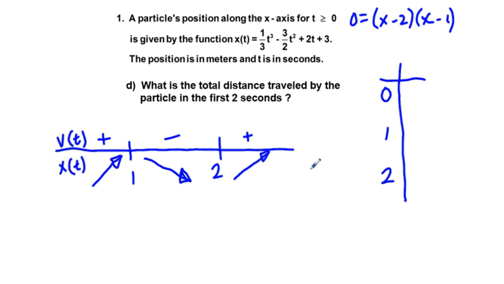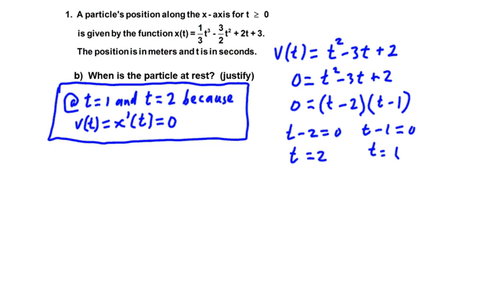And that's going to be at 0. Well, at 0, if we go look at our original equation, we're going to have 3. Right, so 3.